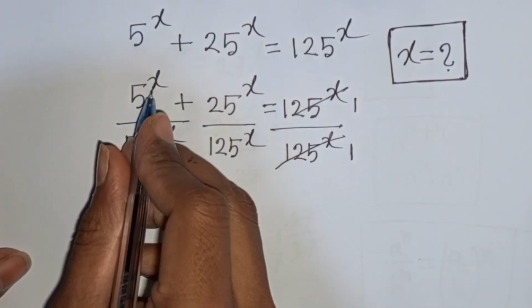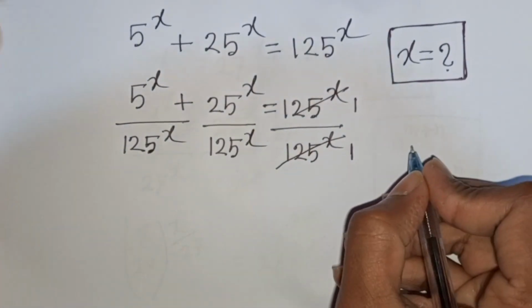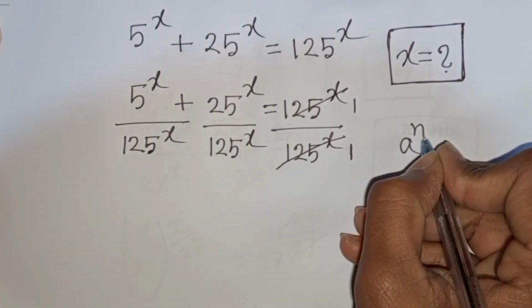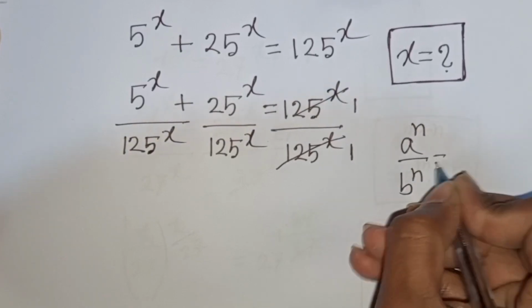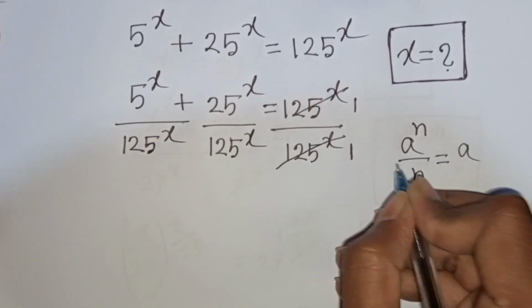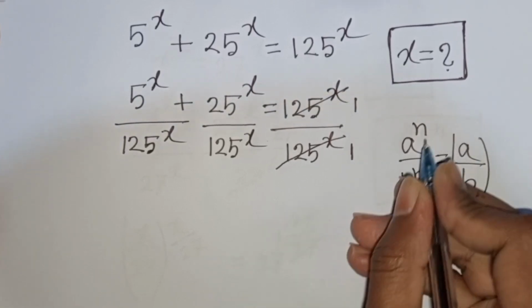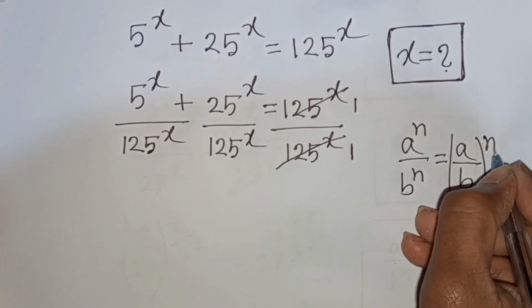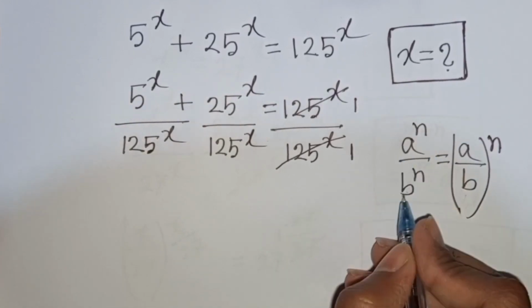Now from here we see x, the same power but different base. So remember this formula: a power n over b power n is equal to a over b, then in brackets the common power n. That means n is the same power but different base.